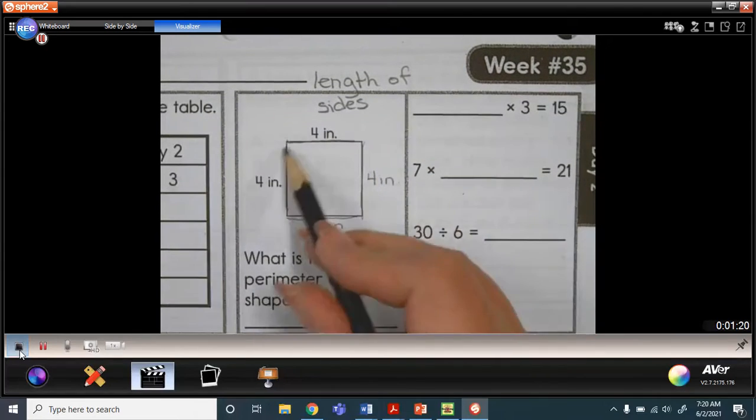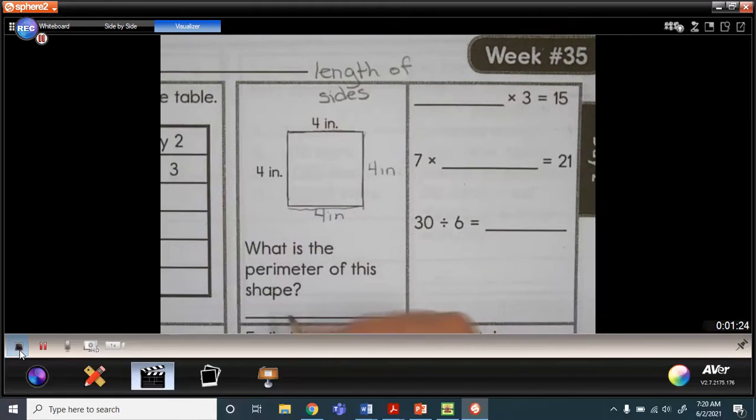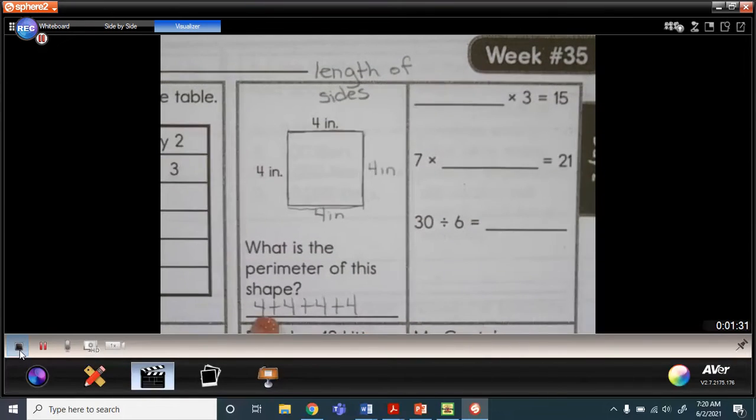Now, when we take these lengths and put them all together, we would have 4 plus 4 plus 4 plus 4. Now, 4 and 4 makes 8, and 8 and another 8 makes 16. So this length of all the sides is 16 inches long.